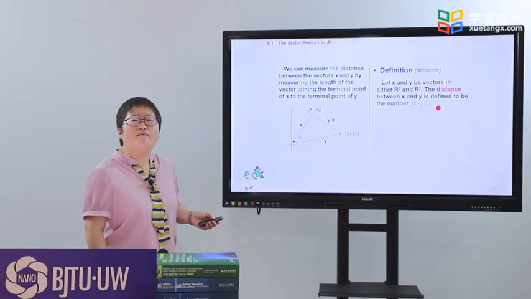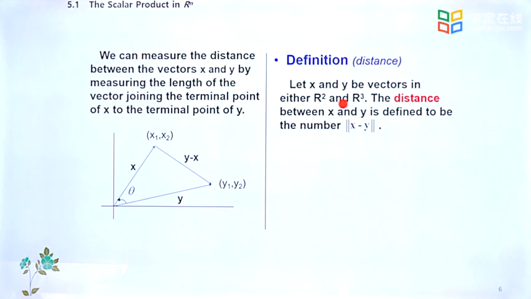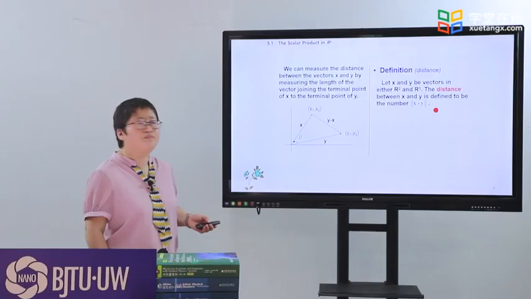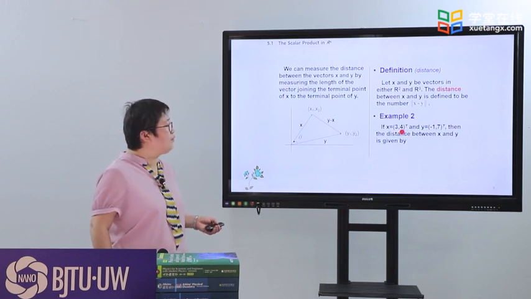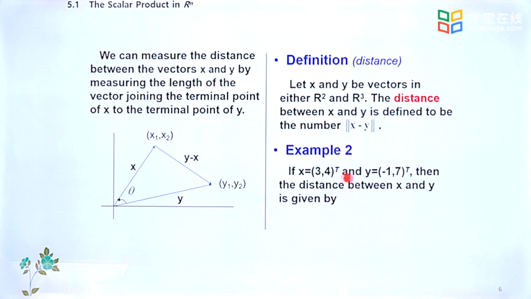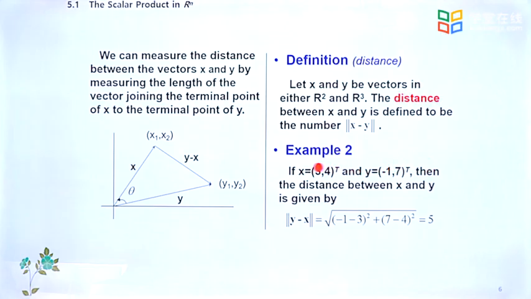So we have this definition for distance. Let x and y be vectors in either R2 or R3. The distance between x and y is defined to be the number, the Euclidean length of x minus y. For example, if x equals (3, 4) and y equals (minus 1, 7), then the distance between x and y is given by, you first compute y minus x by vector subtraction, so it is minus 1 minus 3, and then 7 minus 4.